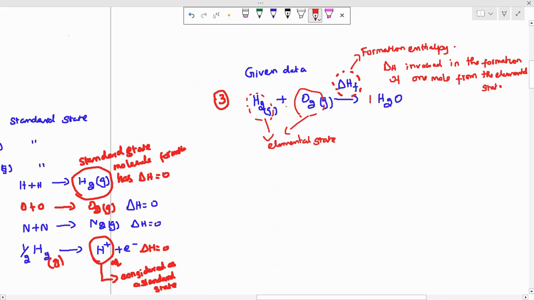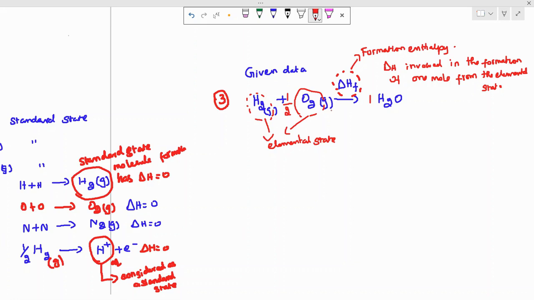So to get that 1 mole of water molecule, we have to give only half mole of oxygen. You should not convert that into 2H2 plus O2 giving 2H2O, because formation is considered only for 1 mole, not for 2 moles.